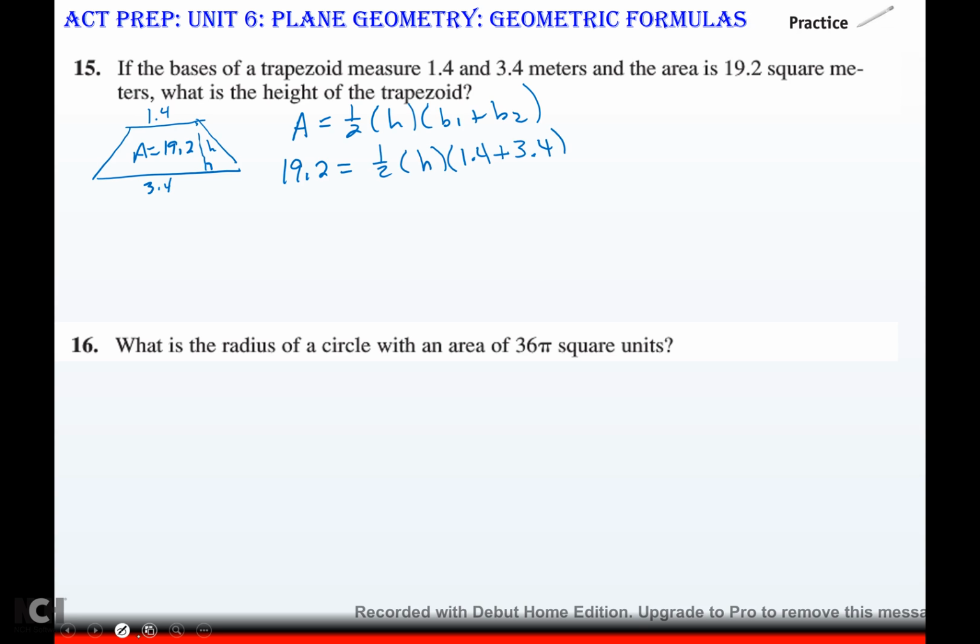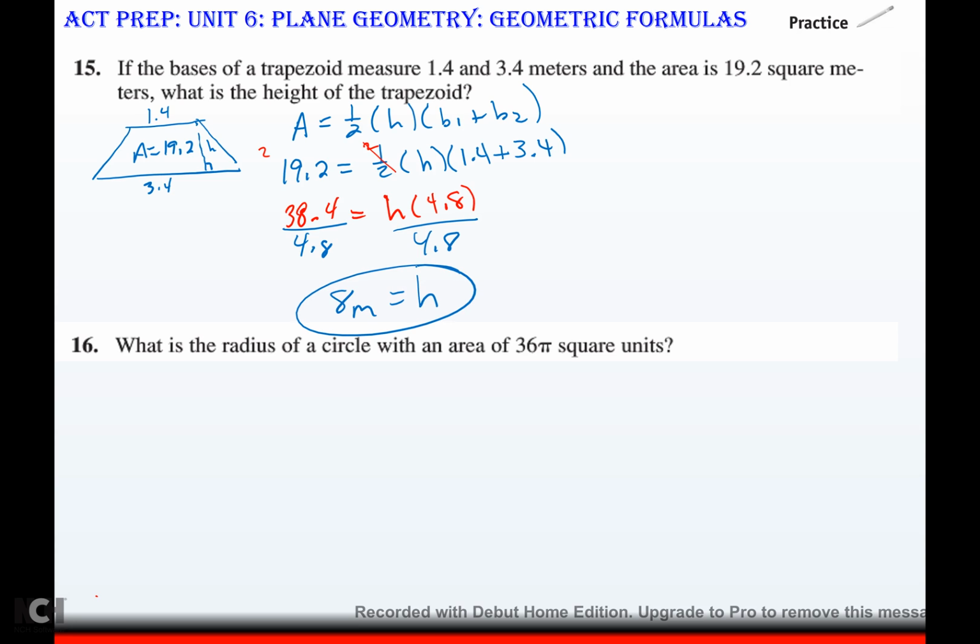So I'm going to kill the fraction, because I don't like it. So times 2 times 2, I get 38.4 equals 1 times the height times 1.4 plus 3.4, which would be 4.8. So to get h alone, I'm going to divide by 4.8, and I get my height is equal to 8, and we're in meters.